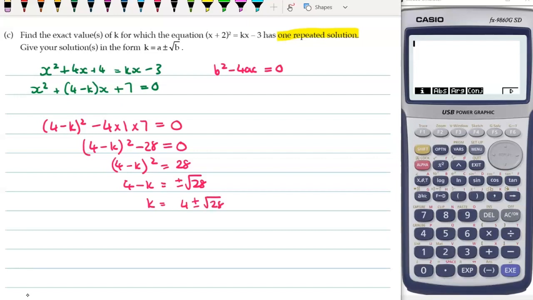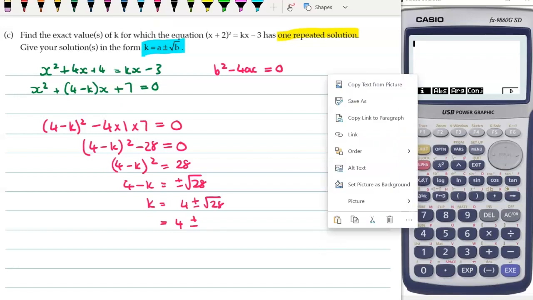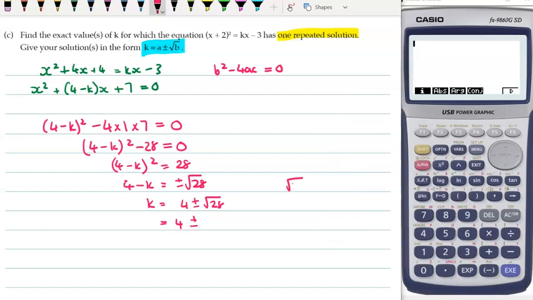So k would just be 4 plus or minus the square root of 28. And then we need it to be in this form here, so we'll just tidy that up. So we've got 4 plus or minus, 28 can be divided by 4. So if I just do that over at the side here, 28 would be the square root of 4 times 7, so that's 2 root 7.